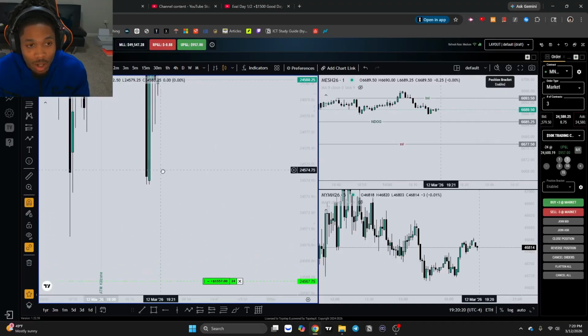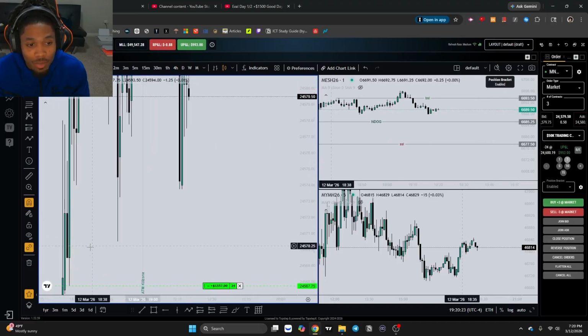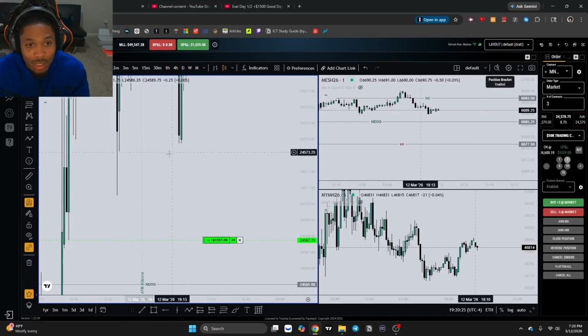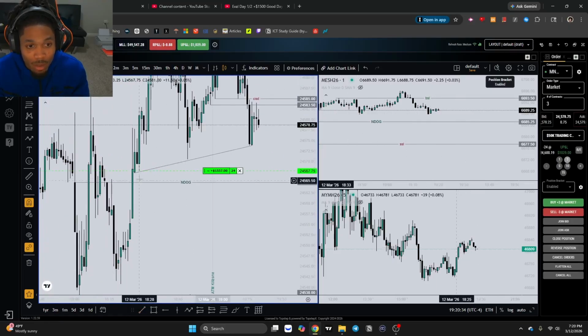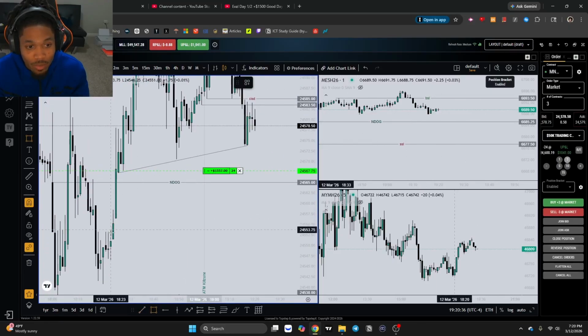Like all of these lows that don't have any gaps in between them, these are relatively equal lows. So all the way up from here to here is relatively equal lows. Why? Because there's no gaps. Where does it stop? The next gap, which becomes this area right here.